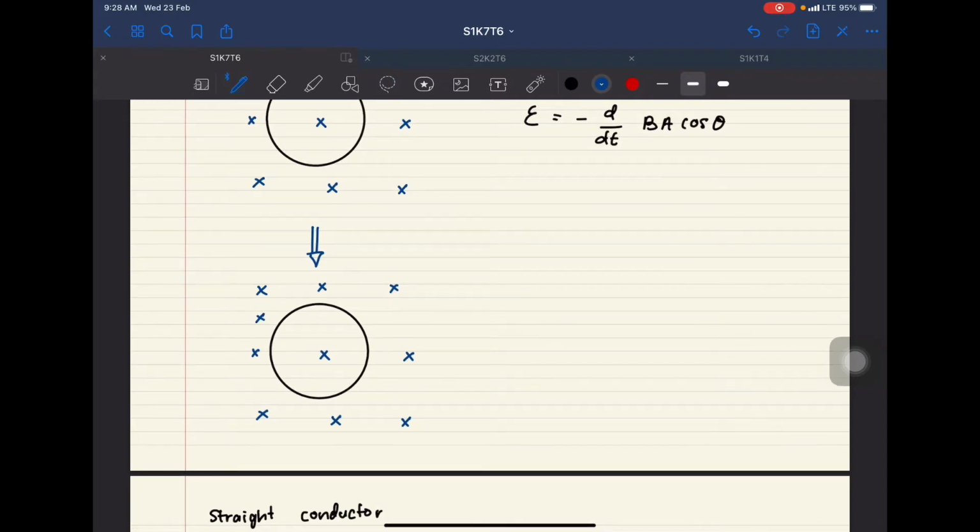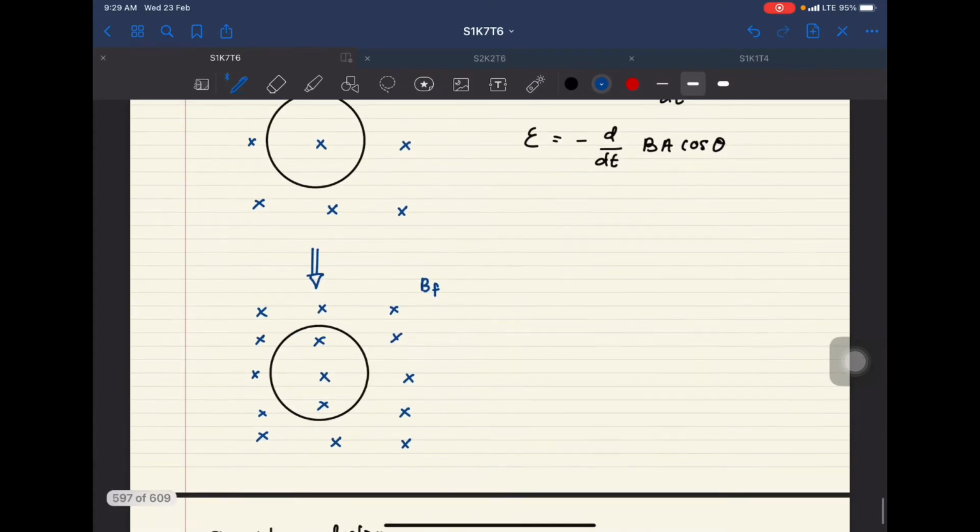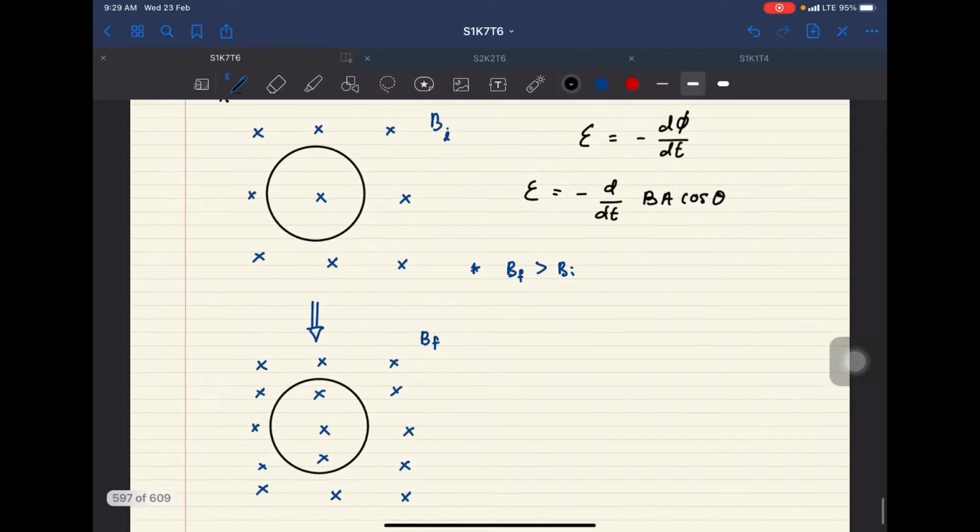So maybe it's increased like that. This one is my B final, where B final is bigger than B initial. So if the magnetic field changes, from this equation A and theta remain constant for this case. The only thing that is changing is B.